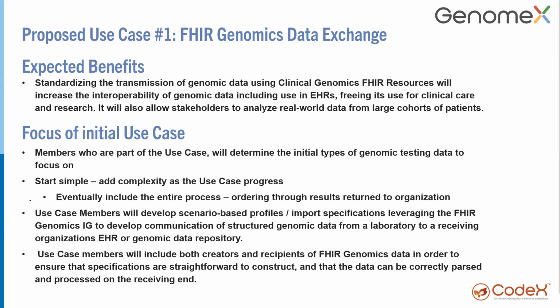Now, there are a few different problems with that model. One is that much of the work, or most of the work in the clinical genomics work group at HL7 on the V2 model has ceased. And that's been true for a few years now. So anytime we need to do something new with a laboratory or a customer, like add the ability to return treatment plan suggestions or represent a different type of structural alteration in the genome, we've had to do that ad hoc, and typically between one group and another rather than with a large group of stakeholders.